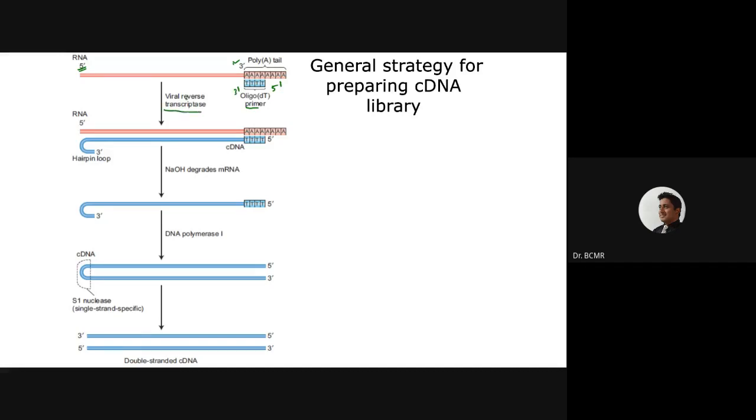Then you will add a reverse transcriptase enzyme, and this would synthesize the first cDNA strand like this, as is shown here. This is the synthesis of the first cDNA strand.